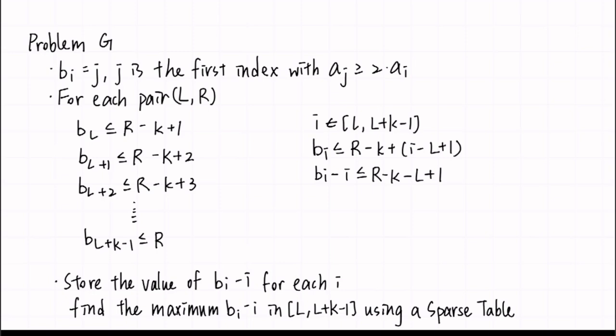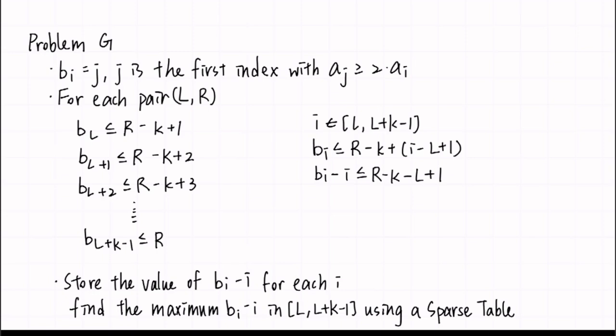Since we don't want to calculate this individually for each i, we can move i to the left side. So b_i minus i needs to be less than or equal to r minus k minus L plus 1. And so we realize that we can just calculate b_i minus i initially, so we don't need to calculate it again for each range.